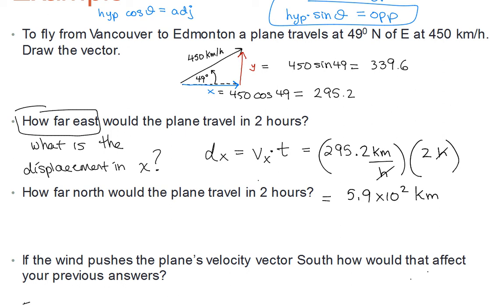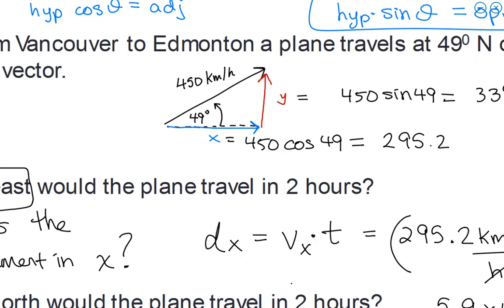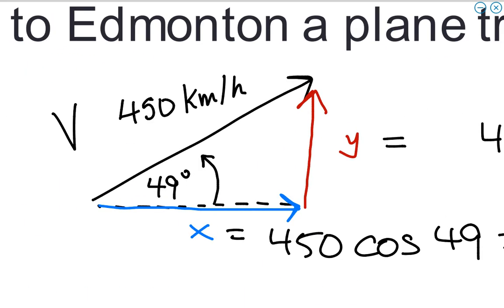So, the numerical value, sure that's nice, but it's the process of understanding the component analysis. If they're asking just how far east it's going to go, I want to use the horizontal component of the velocity. So again, just so everyone's aware, this is the velocity. 450 is the velocity.